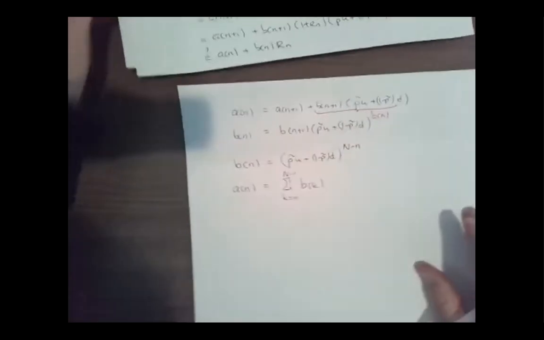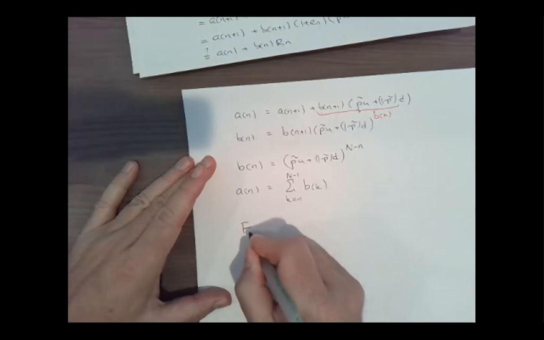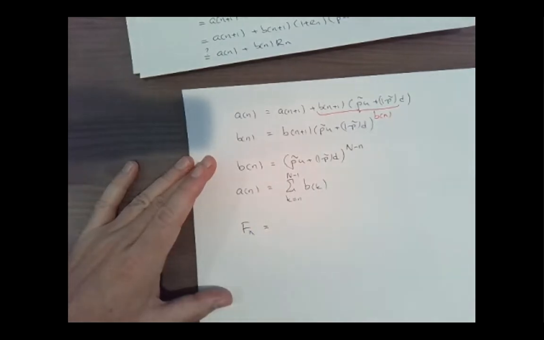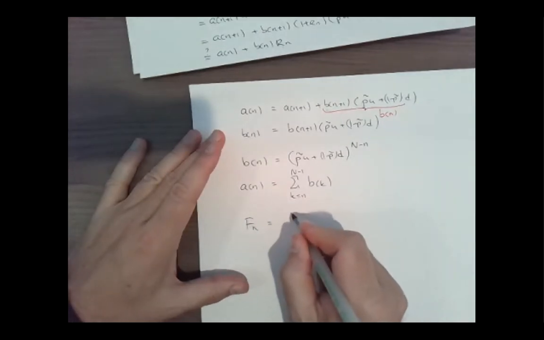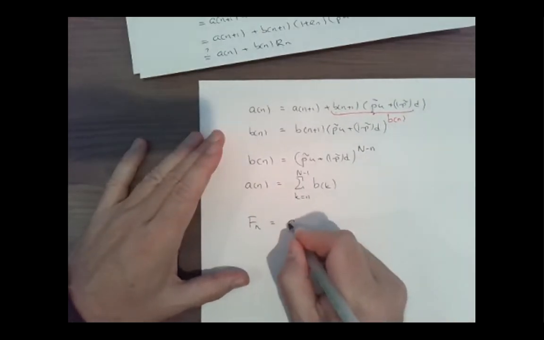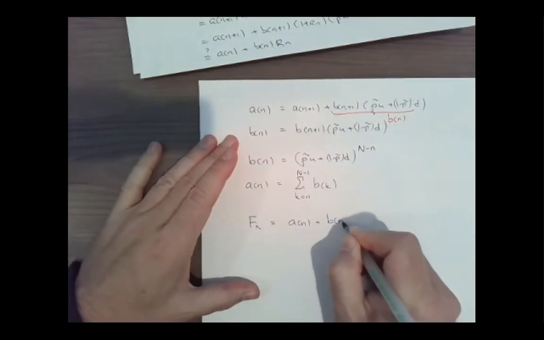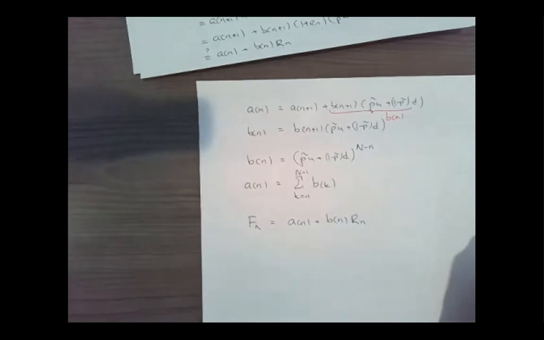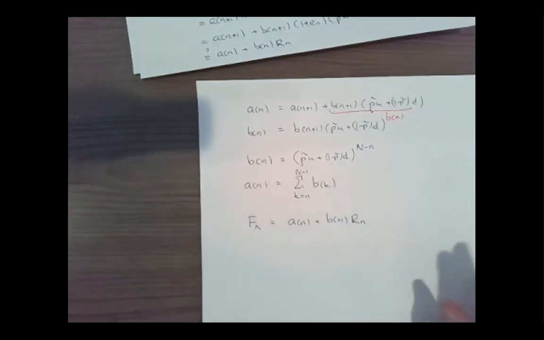The futures price is simply going to be, at time n, this coefficient: a n plus b of n times Rn, where these coefficients have this recursive structure.